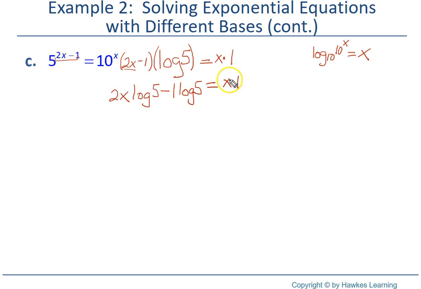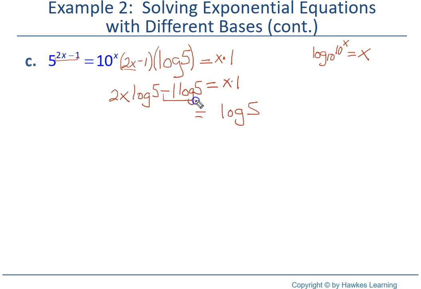Now, what I'm going to do is I want to get all my x's on one side. So I'm going to take this negative 1 log of 5, and I don't need to put the 1 there anymore. I'm just going to move this to the other side, and it becomes a positive log of 5. And I'm going to take this 1x, move it to this side, where it becomes a negative 1x.